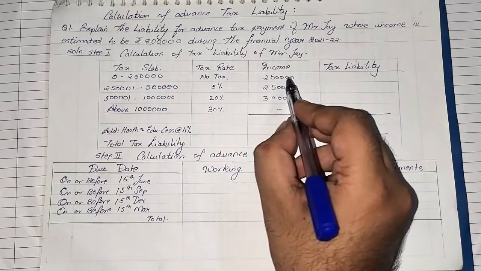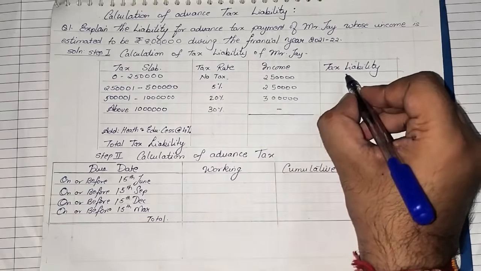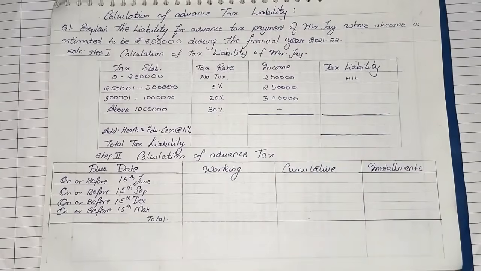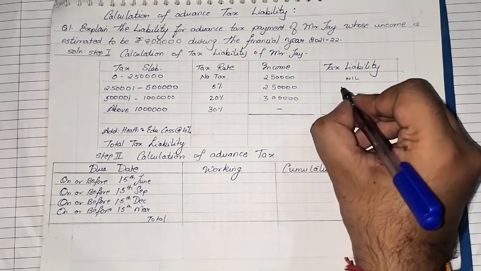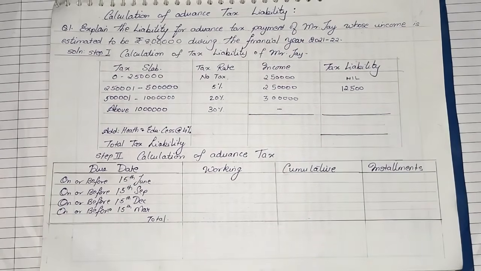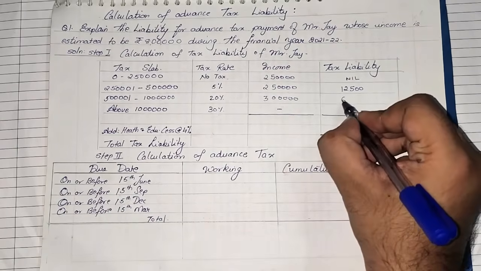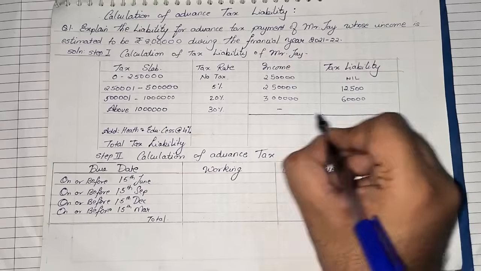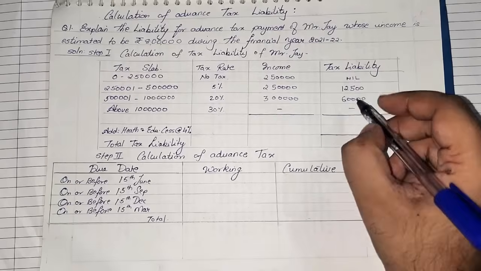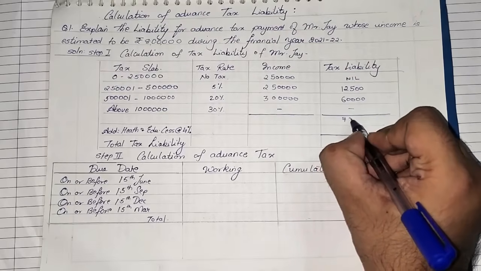On the first 2,50,000, there is no tax, so it will be nil. On the next 2,50,000, it is 5%, so that comes to 12,500. And on the next 3 lakhs, it is 20%, so that comes to 60,000. Thereafter there's nothing. So the total tax liability that we got is 72,500.